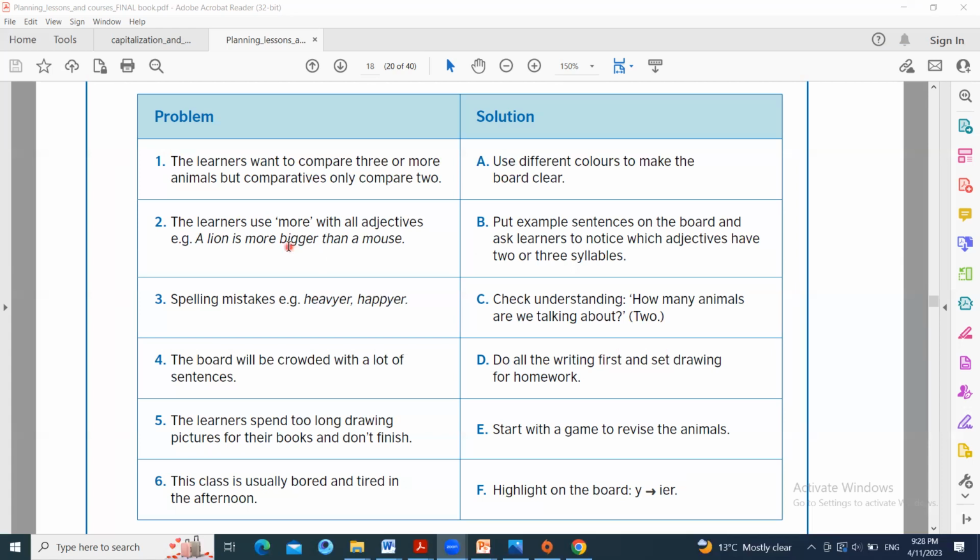Bigger is correct, but more is not correct. Okay, so here we can say, you can think of this solution as suitable for this point. Put example sentences on the board and ask learners to notice which adjectives have two or three syllables.